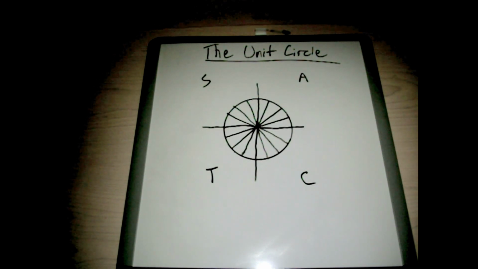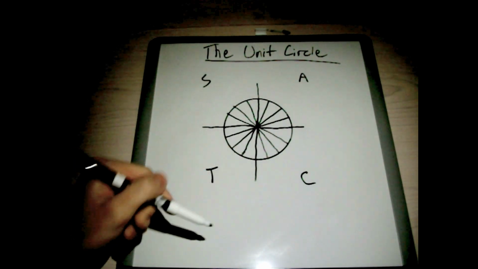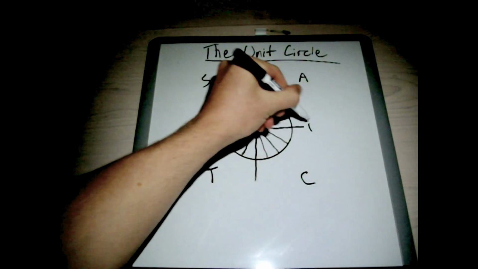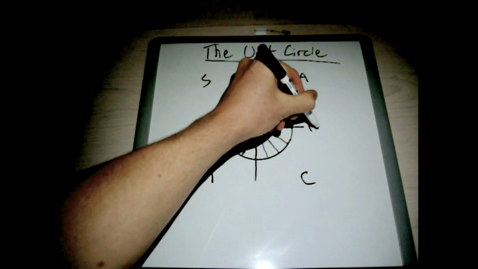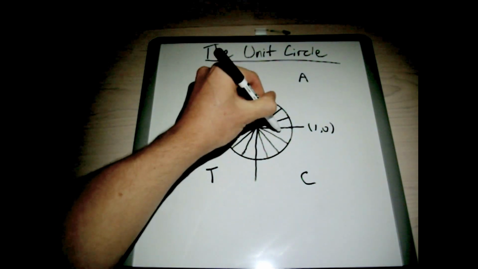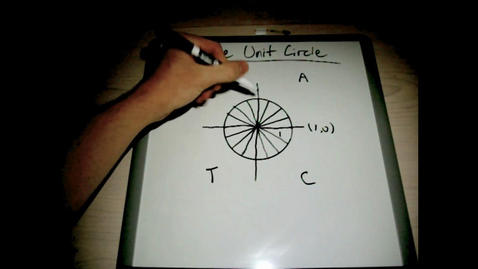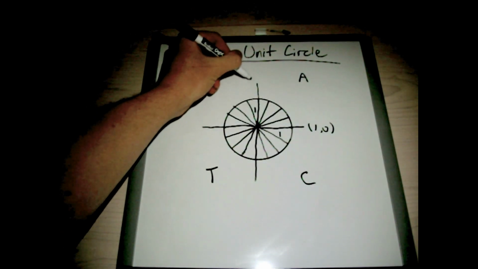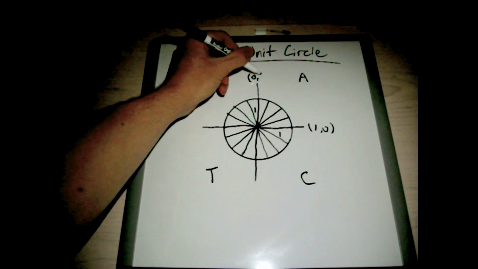So since the radius is 1, you can expect these points right here to be 1, 0 since it's an x, and then over here is the y-axis, so you're going to get 0, 1.